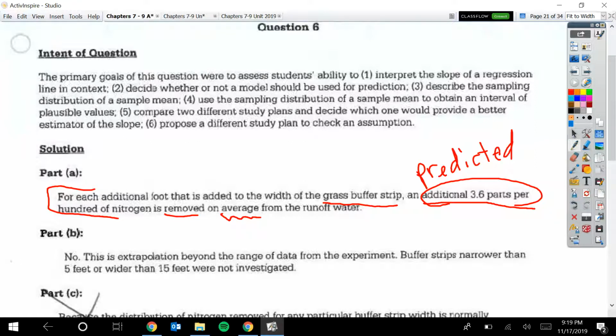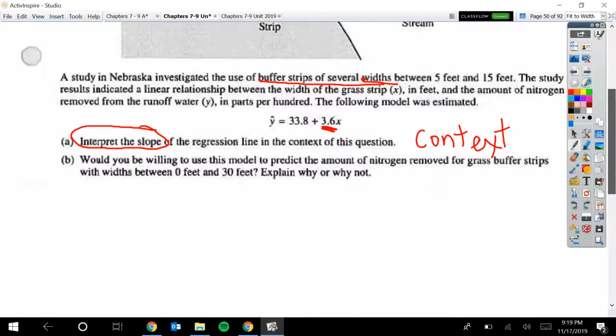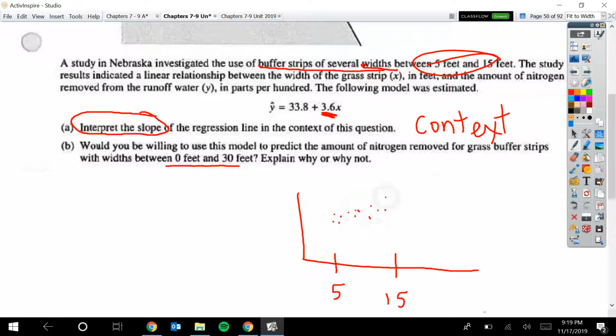All right, next question, part B. Would you be willing to use this model to predict the nitrogen removal for grass buffer strips between 0 and 30? We had already discussed that. If they took data from 5 to 15 feet, we know that data in that section has that linear pattern, but we do not know what the pattern is going to look like in those other sections.